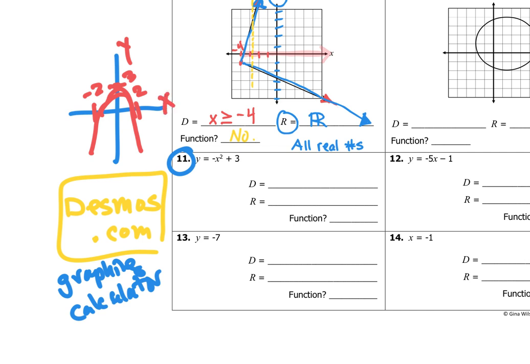Okay. So we can already do our vertical line test and we can see, is this a function? Well, yes, it is. No matter where we place our vertical line, we're only ever going to hit one time.